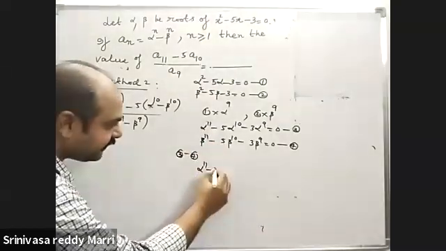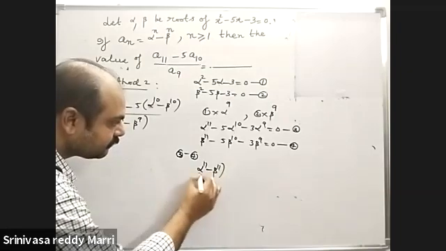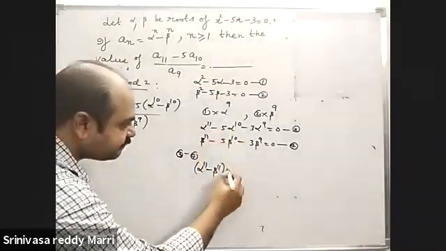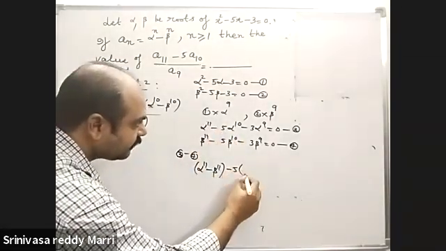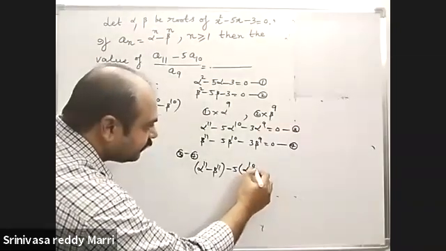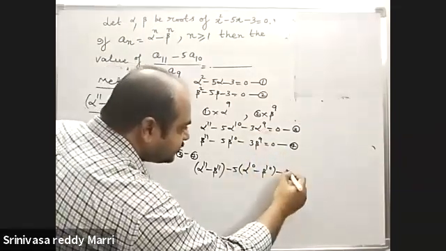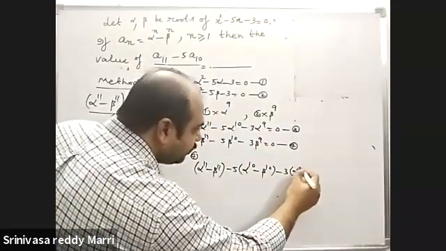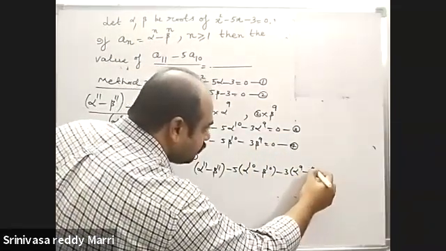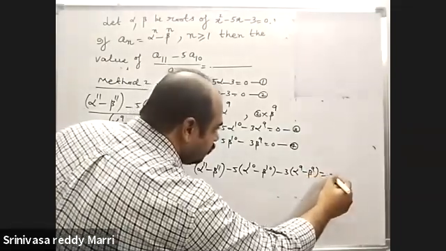First terms difference, then minus 5 take common alpha to the power 10 minus beta to the power 10, then minus 3 take common, equal to 0.